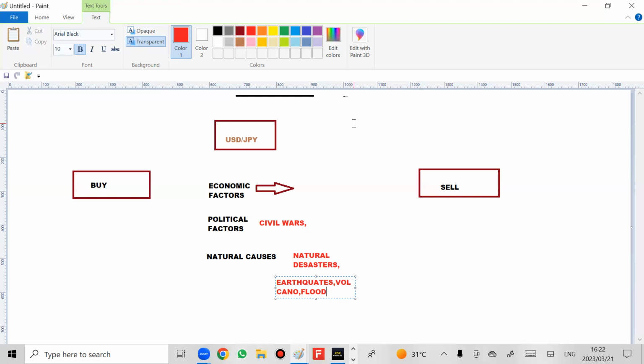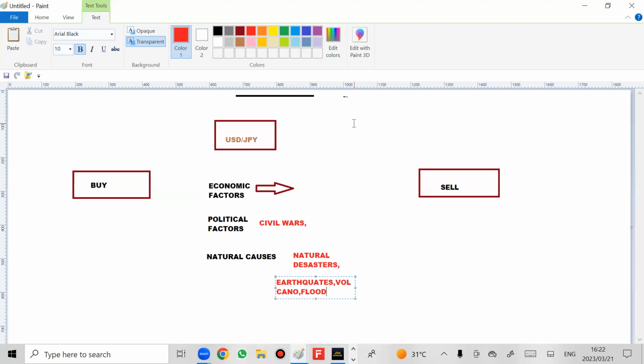A person who would be trading the exotic of the Malawian currency against the dollar won't be buying the Malawian currency. He will be selling it off.